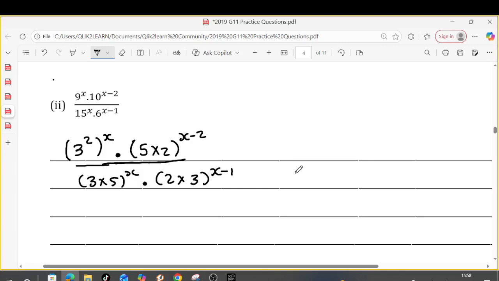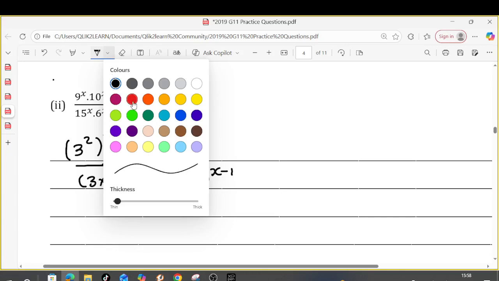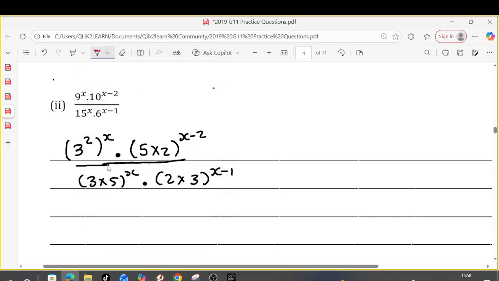We're multiplying out the exponent. When I say multiply out the exponent, what I need you to pay attention to is that this is to the power 1, this is to the power 1, this is to the power 1, this is to the power 1. So we need to multiply out the exponent by saying 3 times 2 to the x will give us 3 to the power 2x.